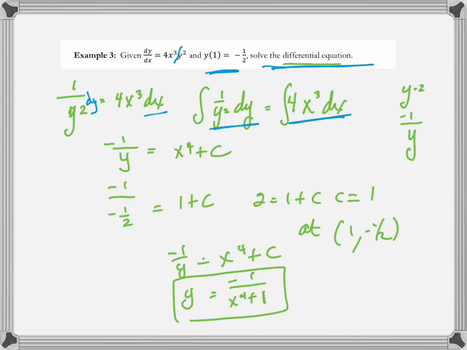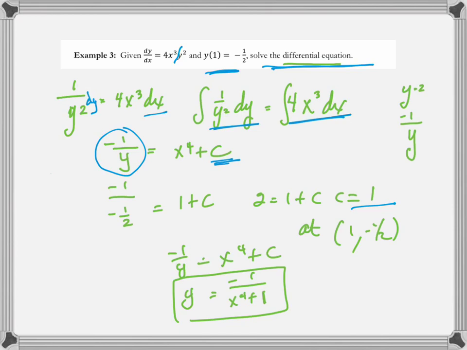And the integral of 4x cubed is x to the 4th plus c. Remember, we just put the plus c on this side. Now, do not fix it. Don't do the 1 over yet because you're going to mess up the c. So keep it as negative 1 over y, and you get negative 1 over negative 1/2, which is 2, right? So 2 equals 1 plus c, so c is 1.